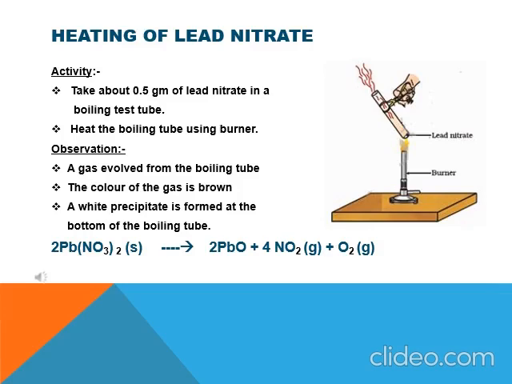These white precipitates are of lead oxide. So the gas evolved is brown in color, that is nitrogen dioxide, and the white precipitate formed is of lead oxide, PbO. So this is another example of decomposition reaction in which one reactant decomposed to 3 products.